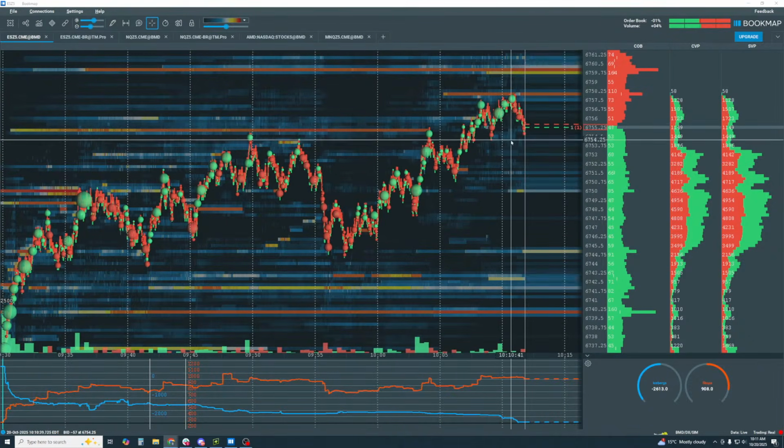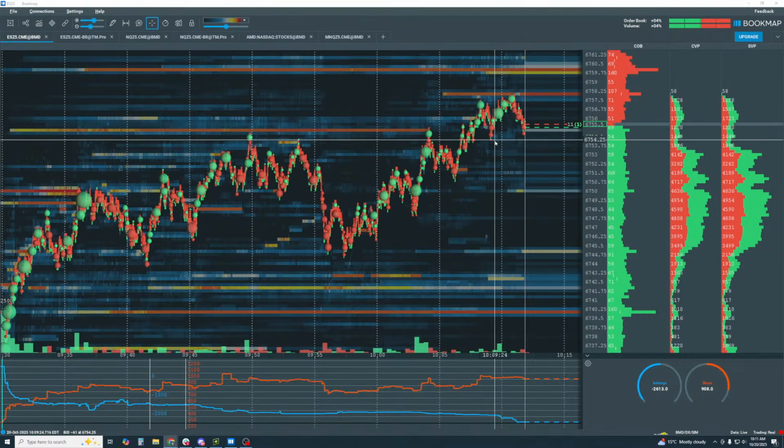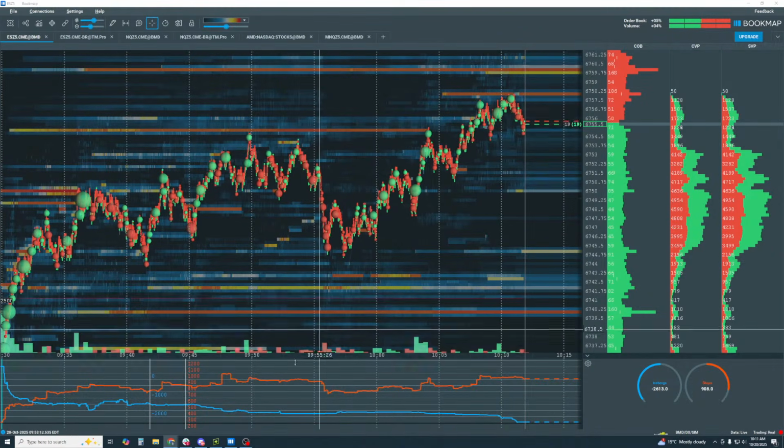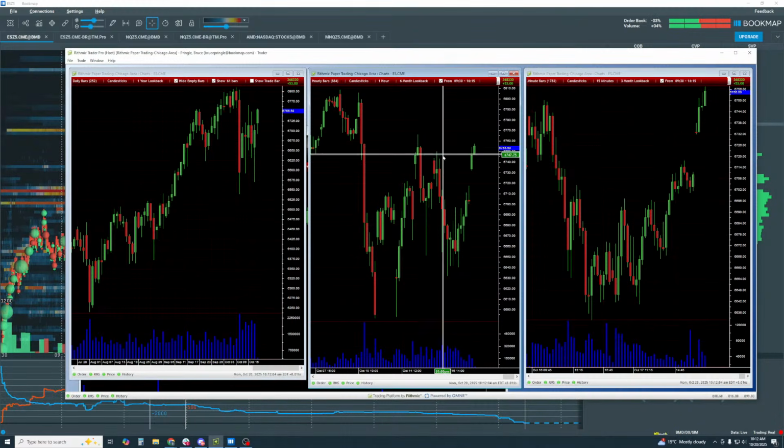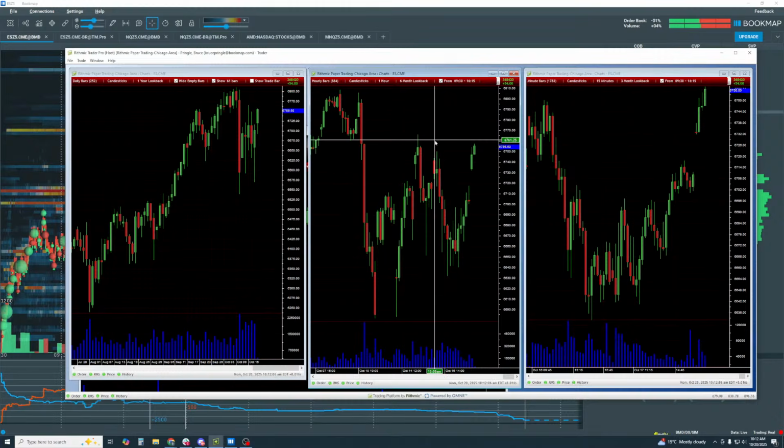Now, what about technically? We just went through the technical levels here, and to see us race up into these levels makes good sense, and then maybe see it start to slow down a little bit also makes good sense. There's going to be some profit taking and sellers up here.